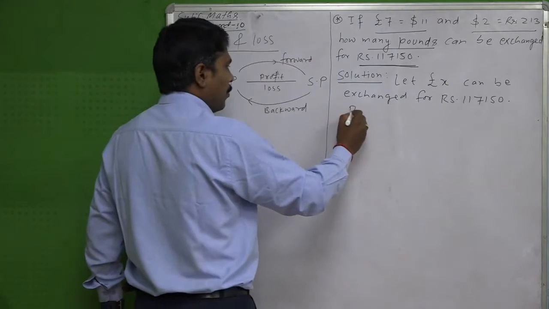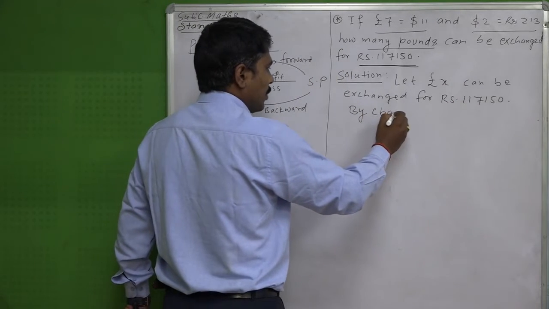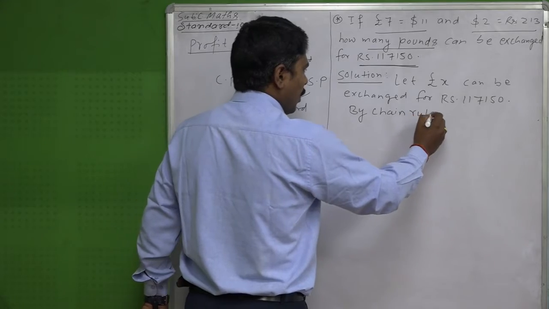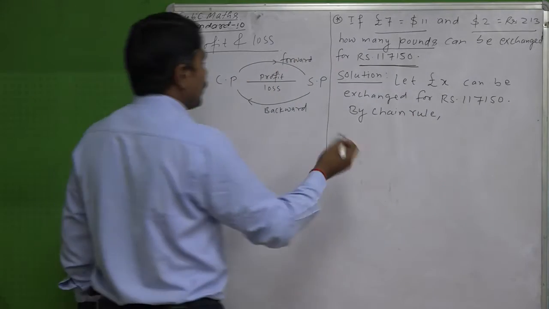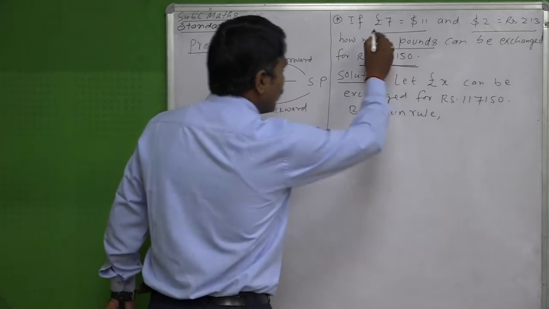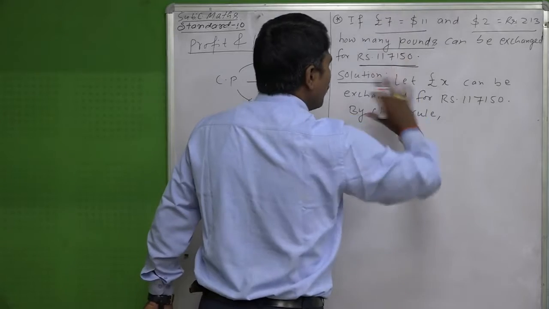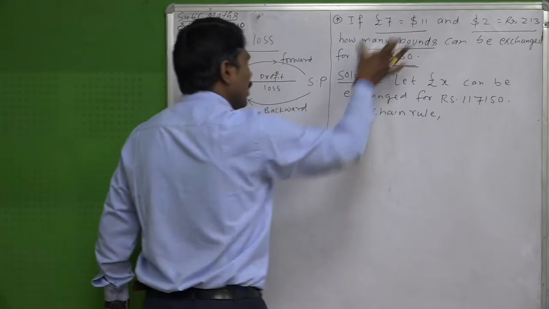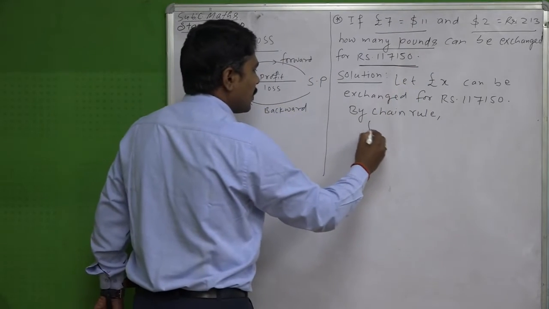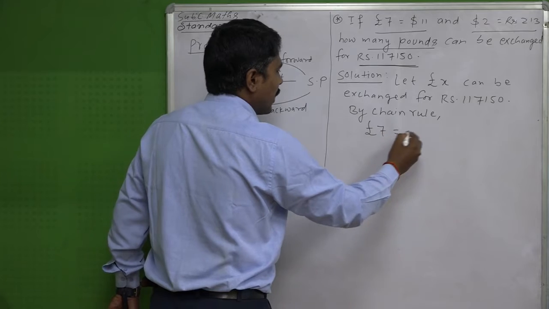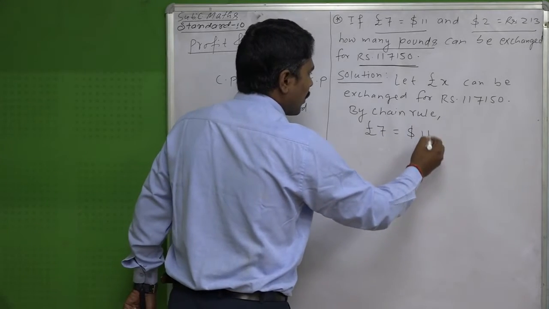Then now by the chain rule you can use it here. At first, as you wish, you can take any condition first, so you can write pound sterling 7 is equal to US dollar 11.